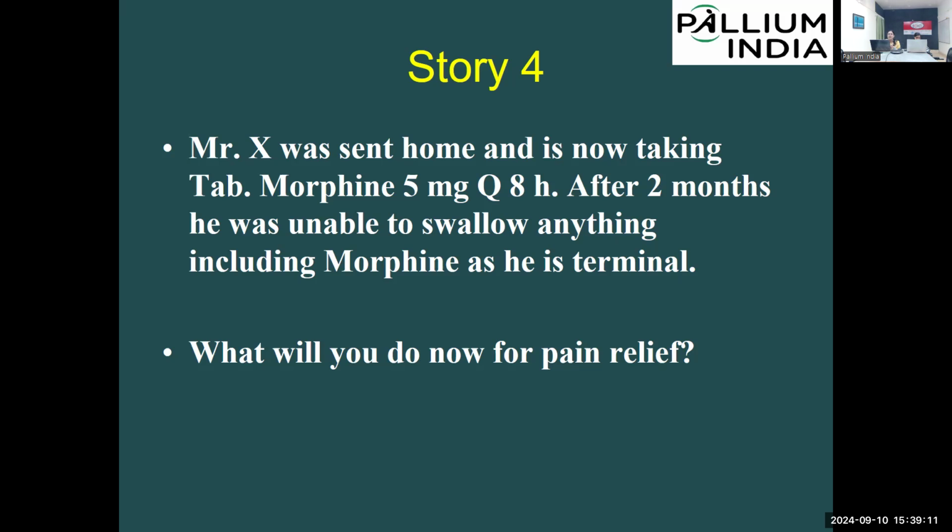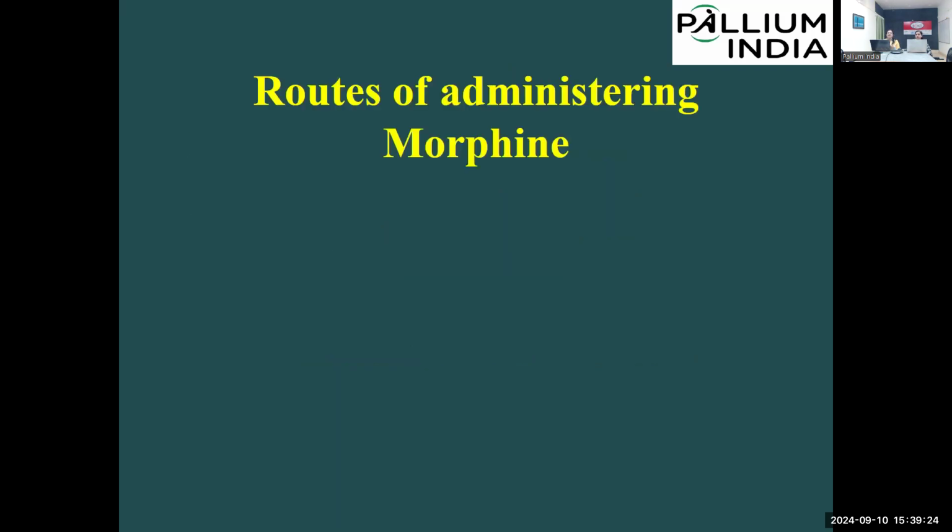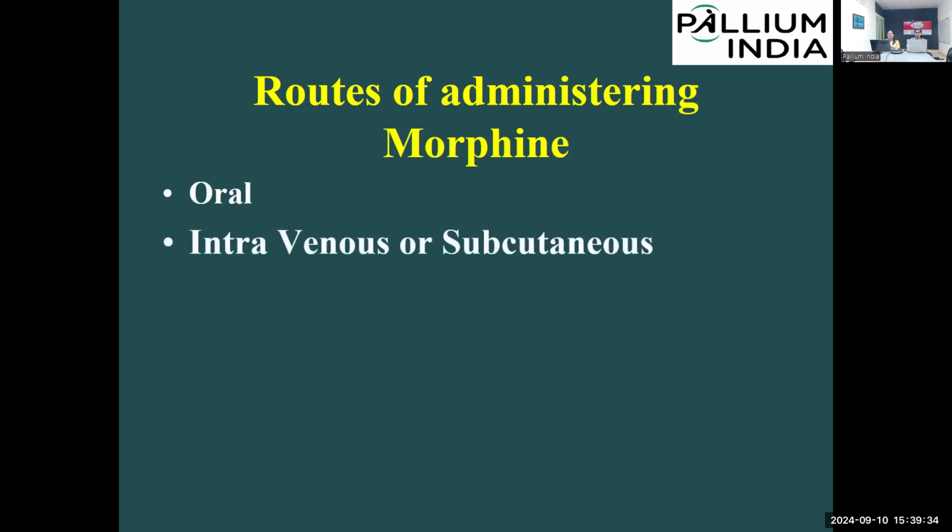The patient wants to be at home in his terminal stage. So now to understand this, what are the routes of administering morphine? Morphine can be administered orally, intravenously or through the subcutaneous route, rectally, epidurally, and through the intrathecal route.